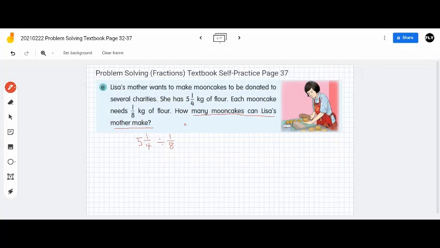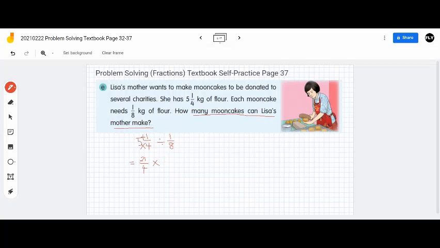Now we have a mathematical sentence. This is a mixed number. 4 times 5, 20 plus 1, 21 over 4. Divide, change it to times 1 over 8.